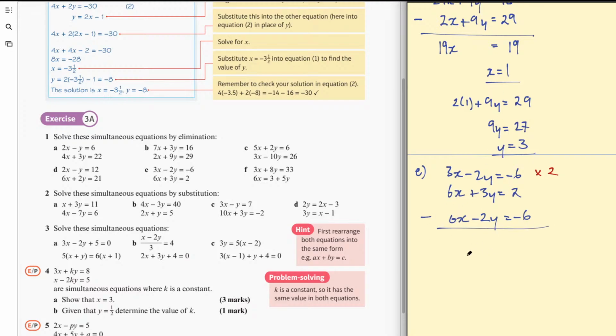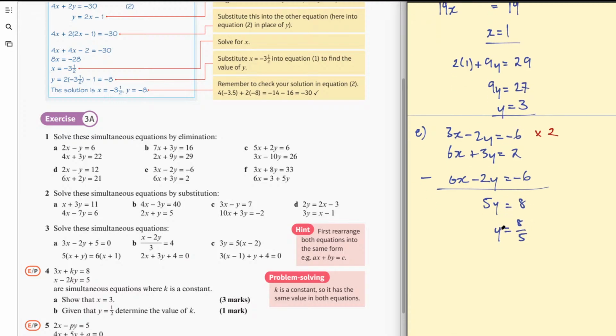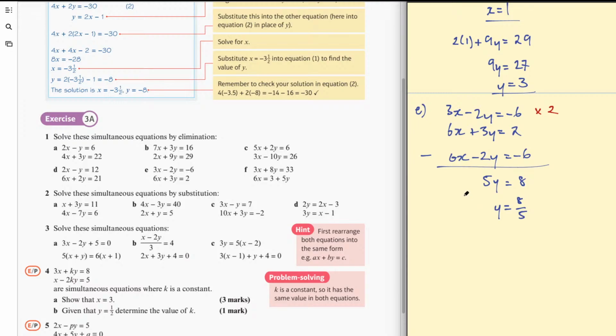We get 6x take 6x is nothing, 3y take negative 2y is 5y, and 2 take negative 6 is 8. So y equals 8 on 5. Then plugging that into one of these, let's use the first equation here. We get 3x take 2 times 8 on 5 is equal to negative 6. What can we do here? Multiply by 5, I guess. 15x take 16 equals negative 30.